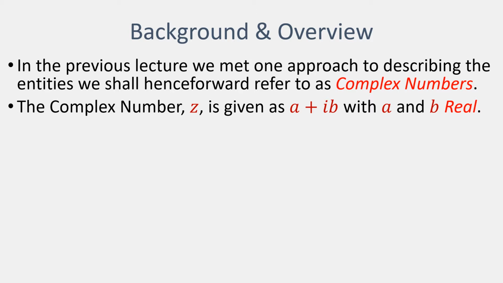In the basic form of a complex number, we have two real numbers, one which we refer to as the real part, this part a, and one which we refer to as the imaginary part, this real number b. Typically, we'll write a general complex number as this algebraic structure, a plus i multiplied by b. So, this is the typical form that we have here on the slide.